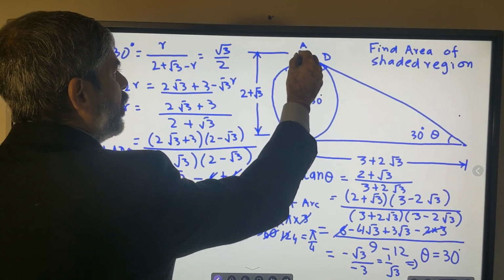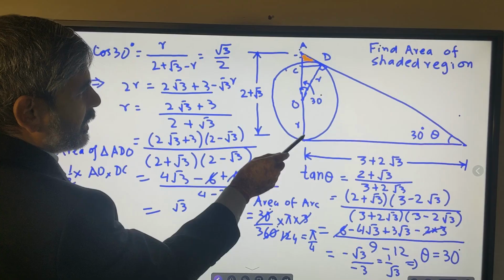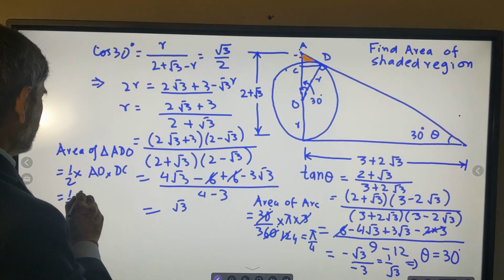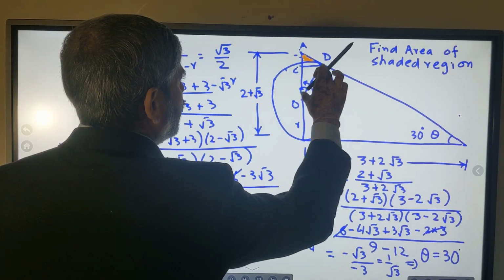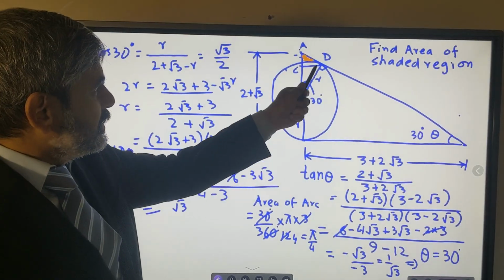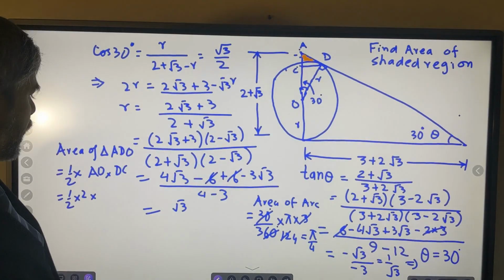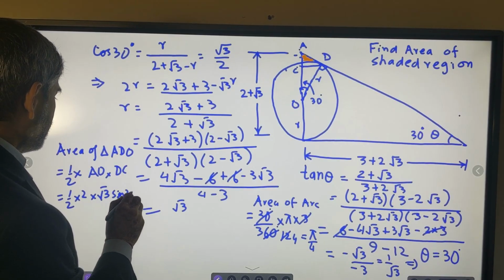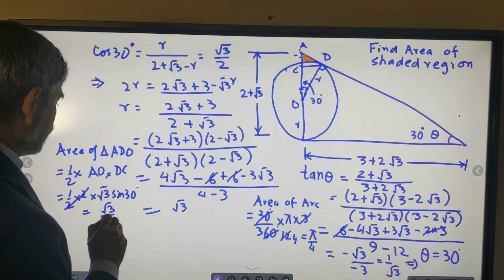Now AO is this 2 plus the square root of 3 minus r, and r is the square root of 3, so this AO is nothing but 2, and DC is nothing but r sine 30 degrees. You see, sine 30 degrees is CD divided by r, so CD is r sine 30 degrees, and r is root 3 times sine 30 degrees. The 2s cancel, so this becomes square root of 3 by 2.